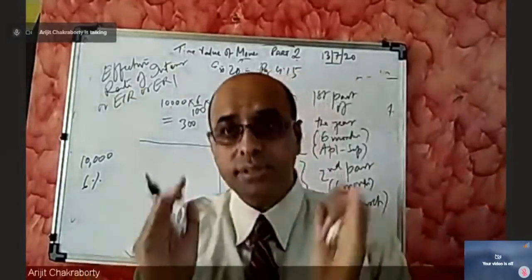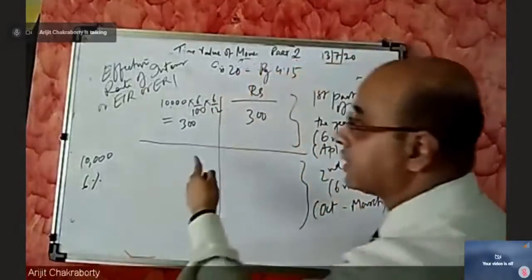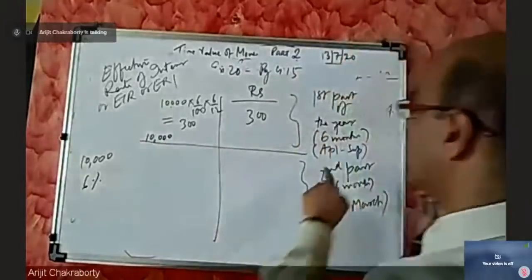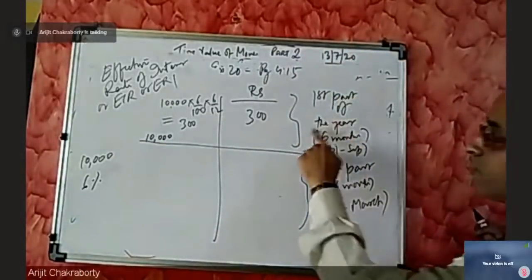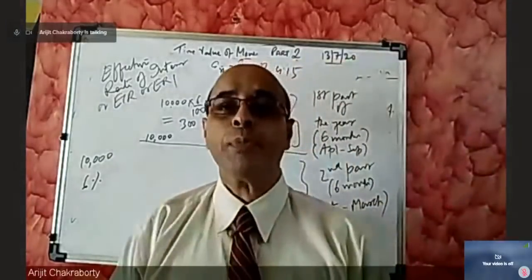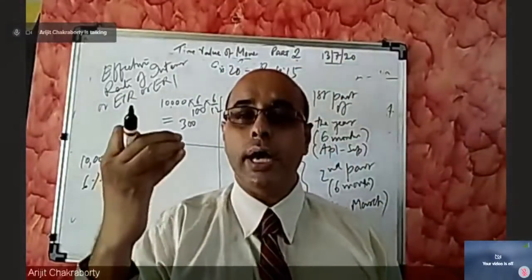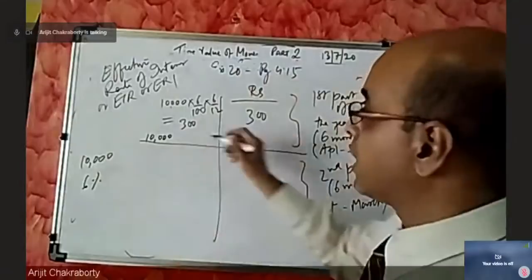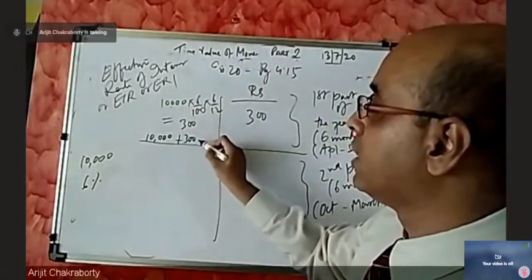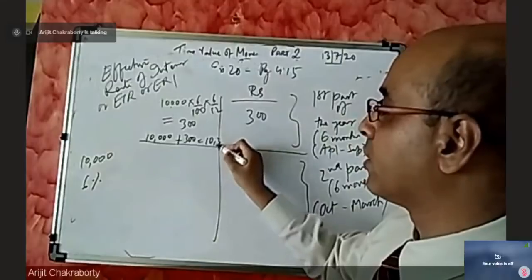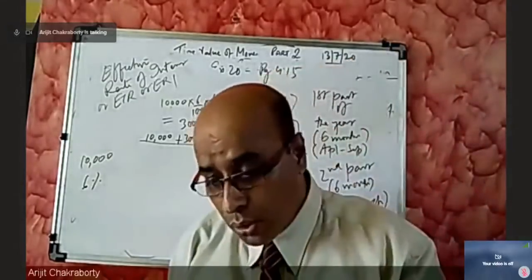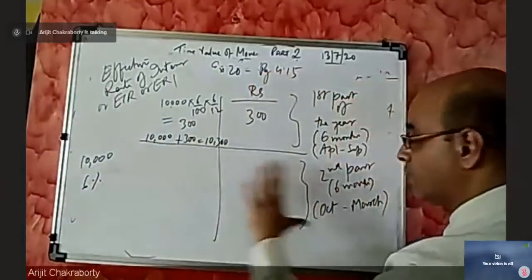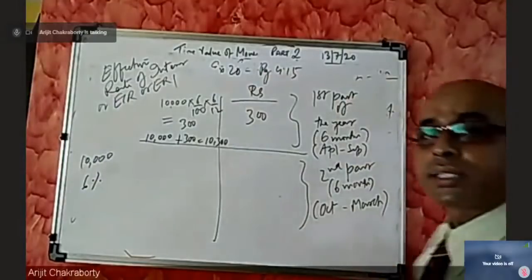Now after 6 months is over, there is compounding because it is a case of semi-annual compounding. I started with 10,000, but on 30th of September, once this first 6 month period is over, the interest which I have earned, this 300, will be added to the principal. So it becomes 10,000 plus 300, it becomes 10,300. Now for the second part, October to March, let us calculate the interest.